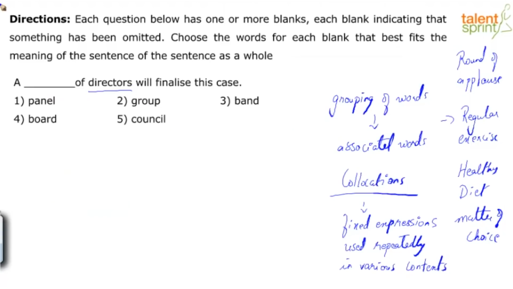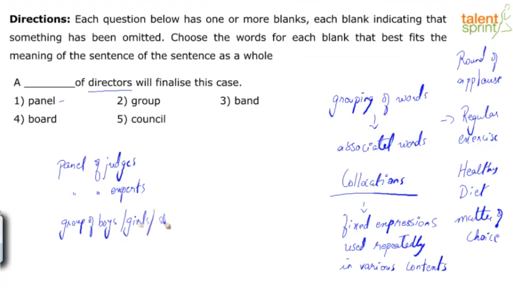Now let's look at these, right? If I say panel, usually you say panel of judges, the panel judging a contest or whatever. Or you could say panel of experts, right? Group of boys, group of girls, group of supporters. I'm talking about collocations.